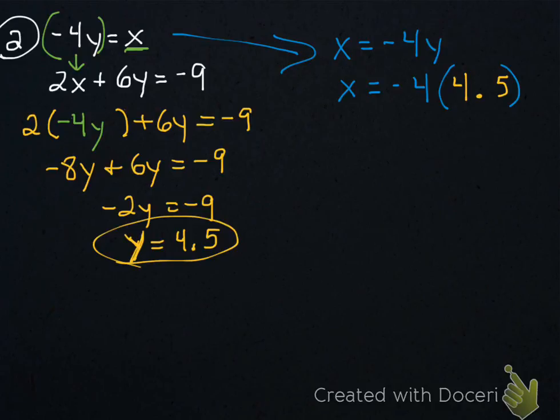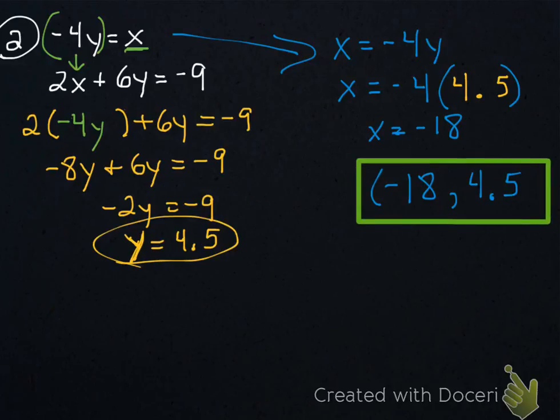So now 4.5 times 4, it's negative. That gives me negative 18. So my answer is negative 18, 4.5. Remember to always write your answer as a coordinate pair.